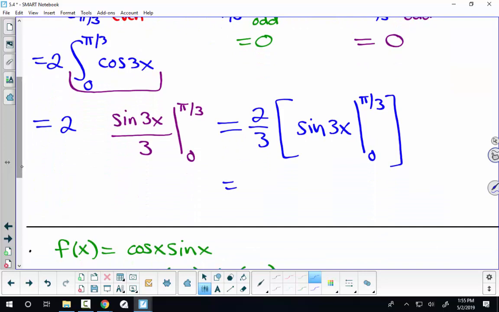We have the sine of 3x, so we're plugging in pi over 3 for x. What's the sine of 3 times pi over 3? The sine of pi is 0. The sine of 0 is also 0.